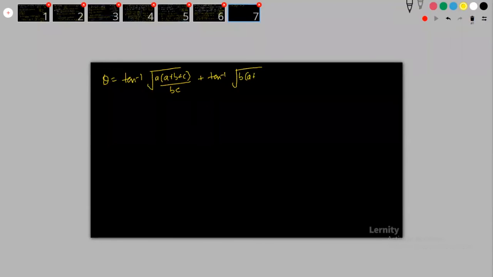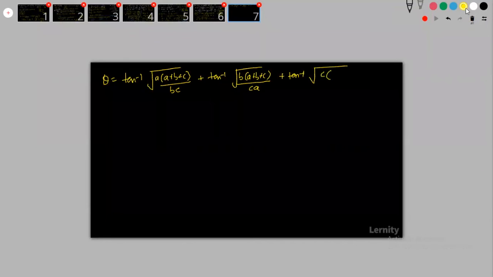So the trick to solve this question is, we have theta equals tan inverse root of A into A plus B plus C by BC, plus tan inverse of root of B into A plus B plus C by CA, plus tan inverse of root of C into A plus B plus C by AB.